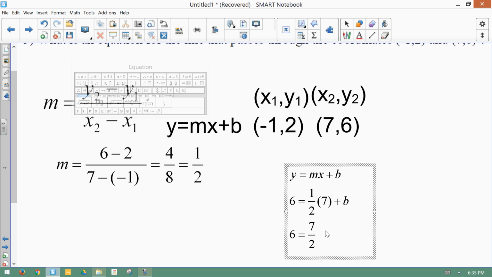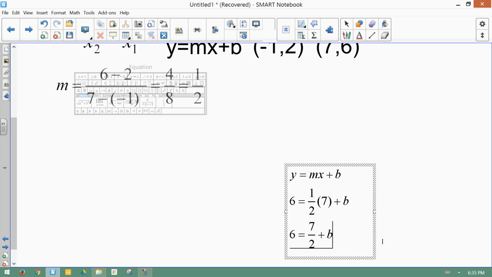All right, and plus b. All right, so how are we going to solve this equation for b? Well, we're going to have to subtract 7/2 from both sides. Or what we can do is multiply both sides by 2 so that we can get rid of the fraction altogether. Let's do that.